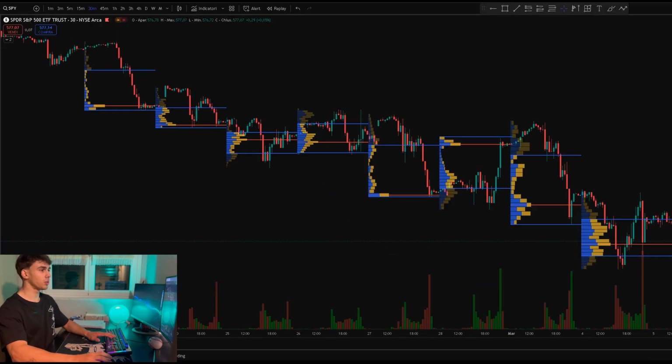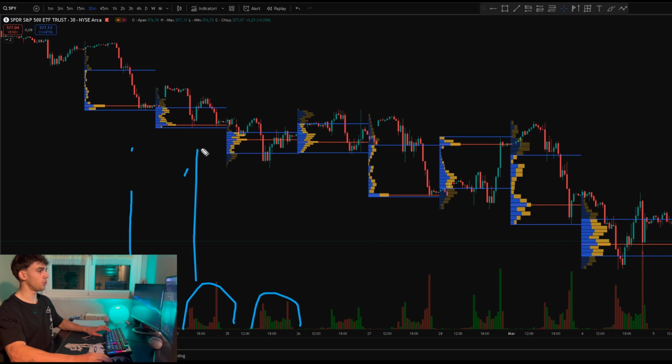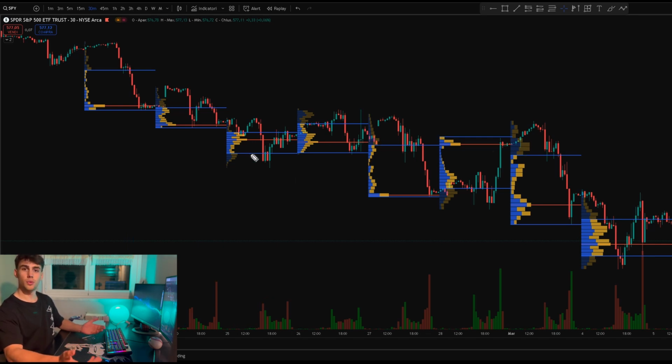Another powerful thing you can do using this tool is applying it to each session, as I did here. This session, this session, this session, they all have different volume profiles applied to them. With this method, you can identify supply and demand zones way better and in a much more objective way than simply drawing rectangles on the chart, right?